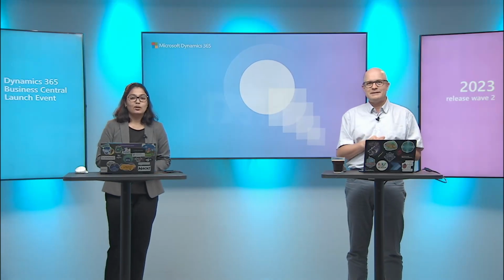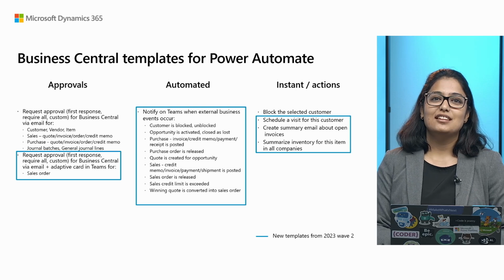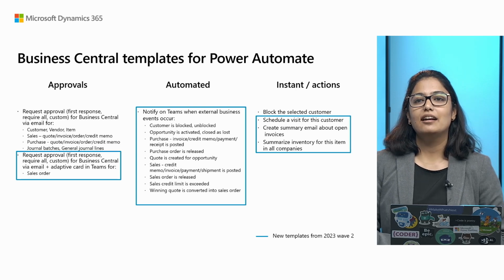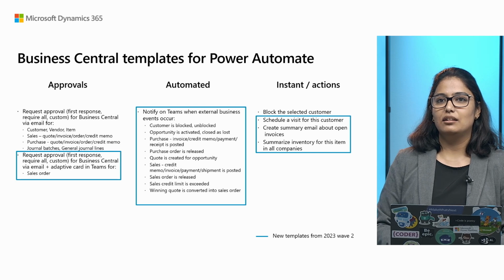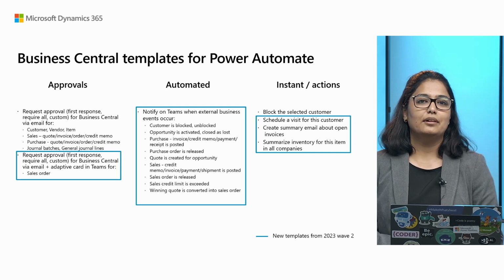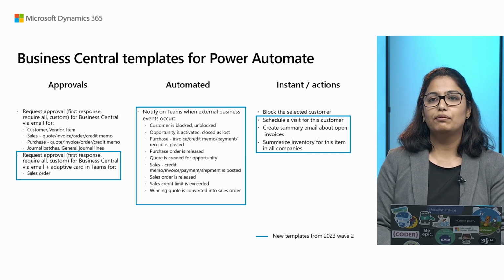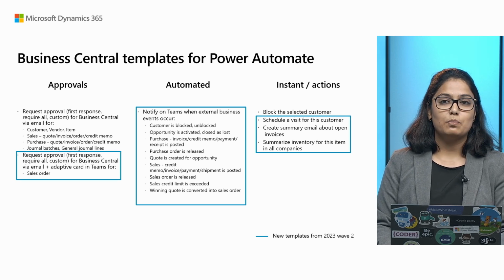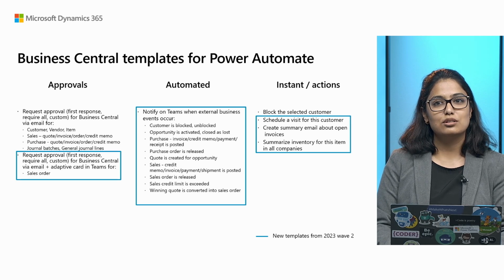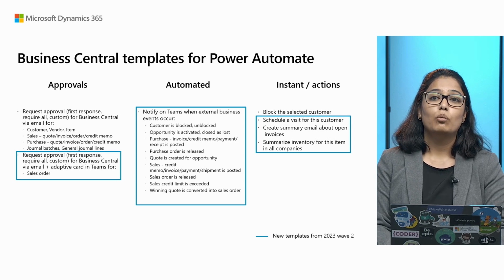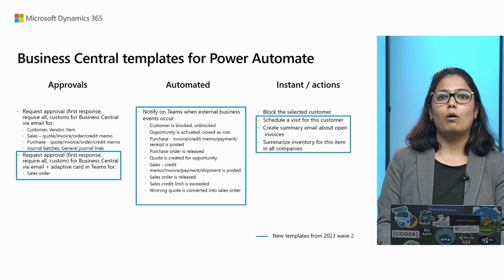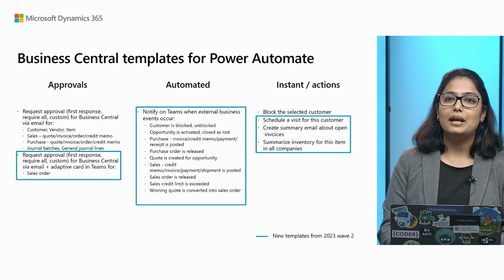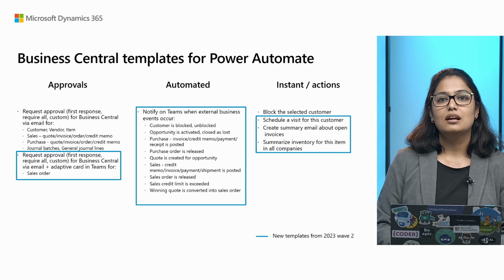Right, Błażej. In this release, we have not only improved the existing templates, but we have also added a lot of new templates in all the categories of flows. For example, we have added a request approval flow for the sales order entity, where previously you would send the approval request by email, but in this one you can also send an adaptive card in Teams. We have added 17 new automated templates based on external business events.